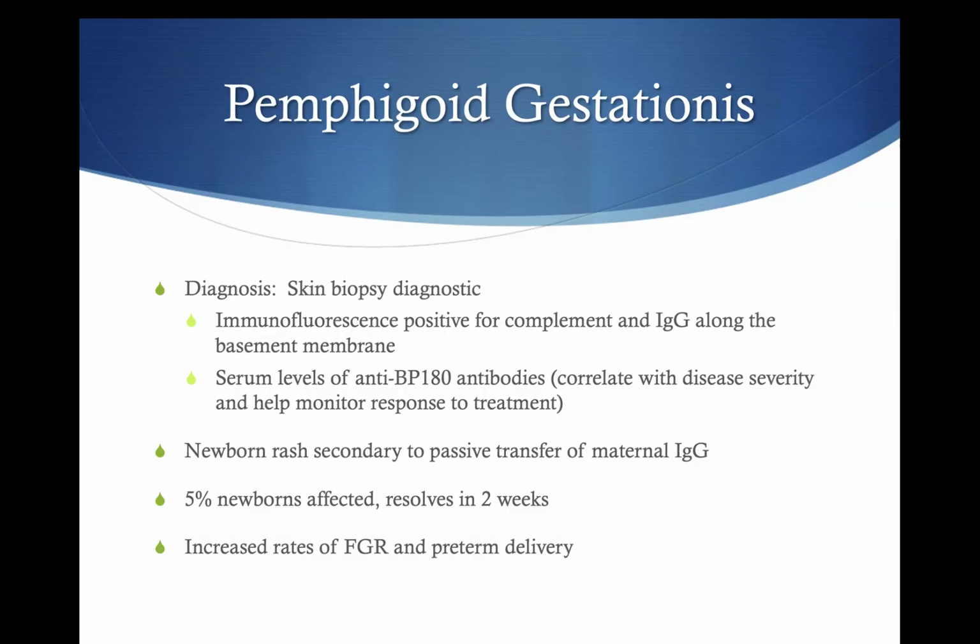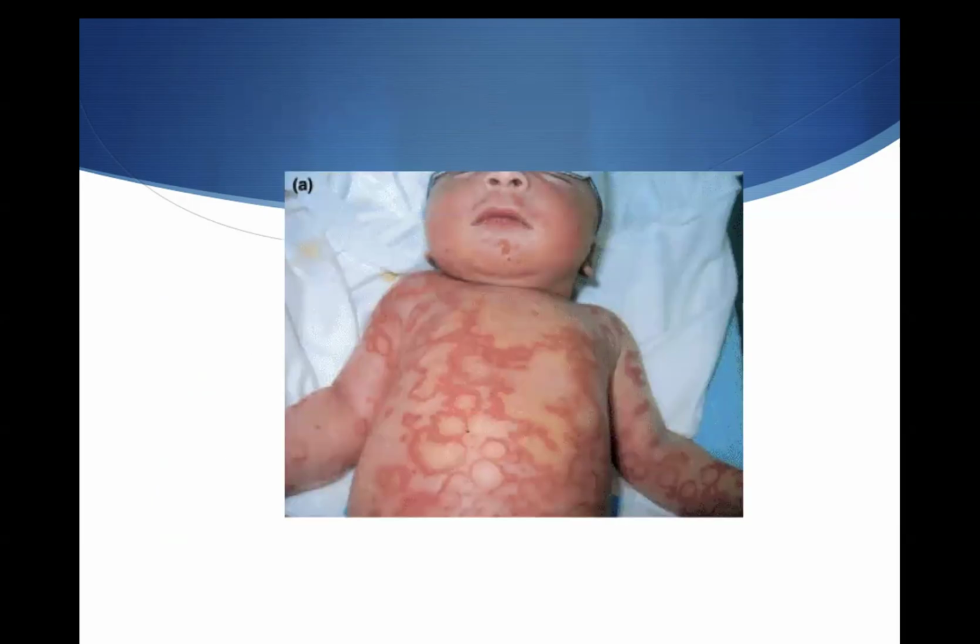This one does have some association with obstetric complications. So there's an increased observed incidence of fetal growth restriction as well as preterm delivery. So this would be a severe case, what you might see if a neonate is affected.